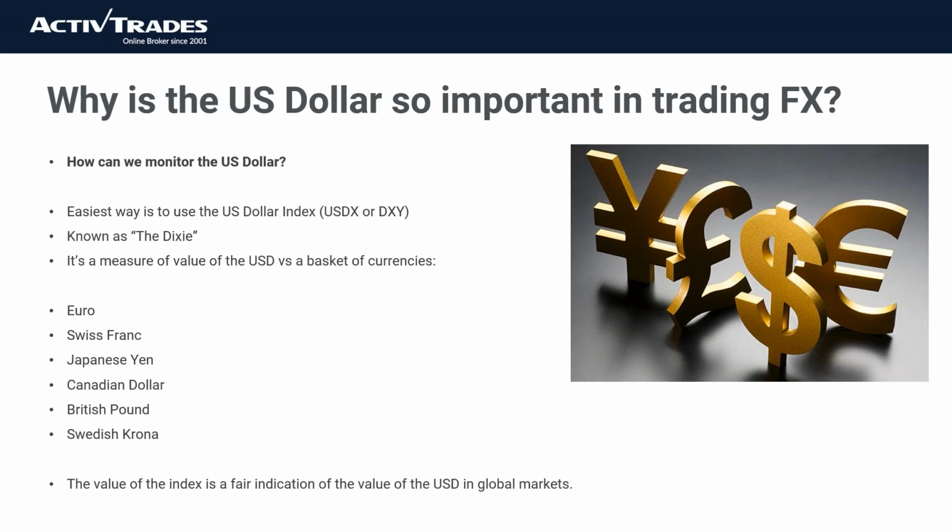I think about 57% of that basket is made up of the euro, and that becomes useful information, because, as we'll see in a moment if we look at a chart of the US dollar index, we can also see the inverse correlation between the dollar index and the euro dollar chart, which we will look at in a few moments' time.